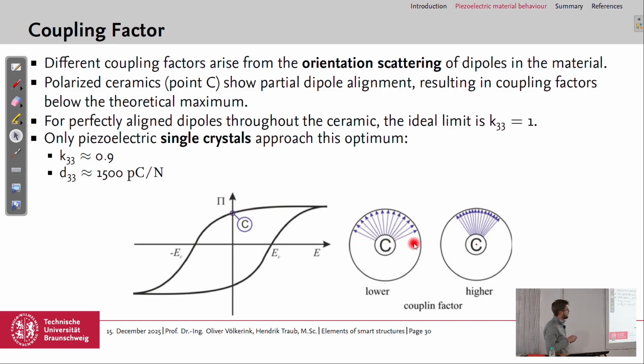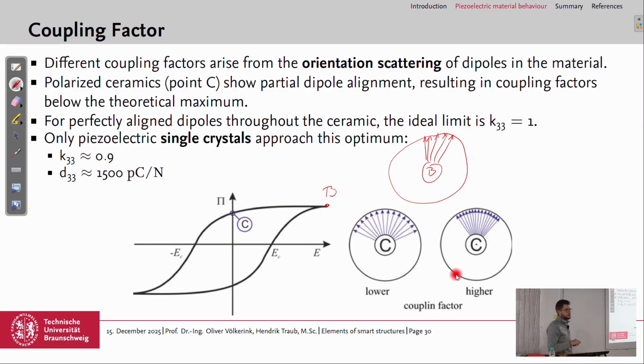And if we look at our circle diagrams again, maybe I add another circle of this point here, which is point B. So point B has really a strong or high orientation, independent of the coupling factor.